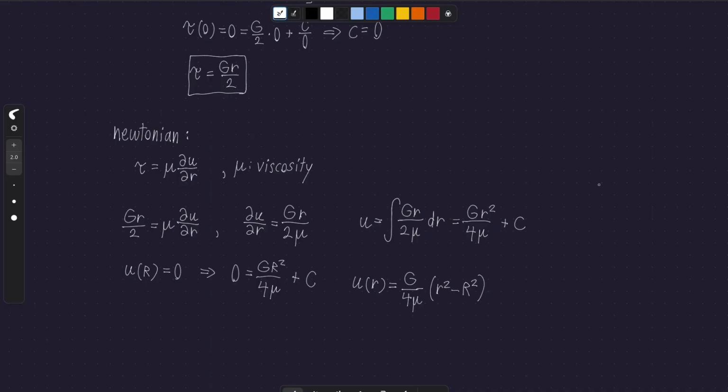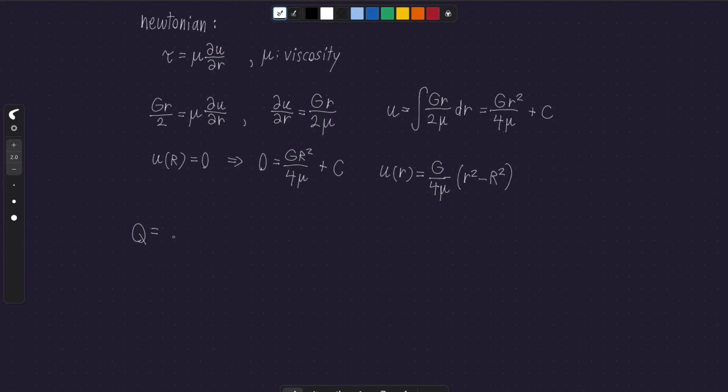Now, to find the formula for the pressure drop, the Hagen-Poiseuille formula, we need Q, the volumetric flow. So to find the volumetric flow, we will have to integrate the velocity over the cross-sectional area of the pipe. So this has to be done in cylindrical coordinates. Okay, we can already simplify the d theta part, since the formula does not depend on theta.